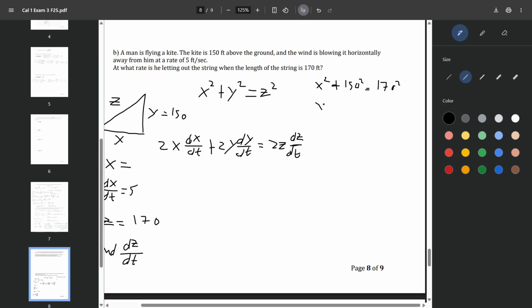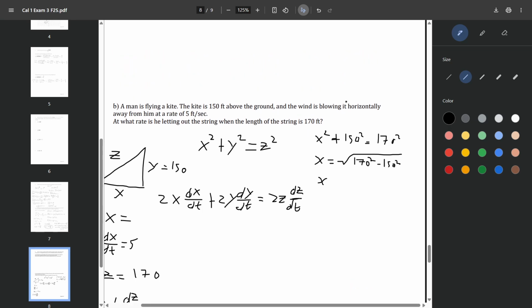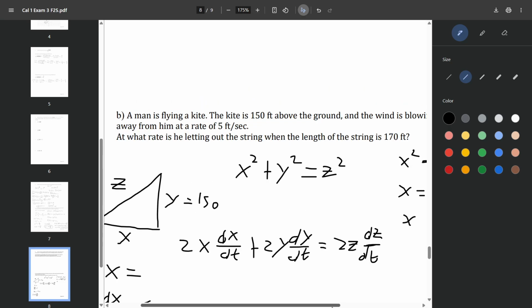So in order to find x, we subtract 150 squared from both sides and take the root of both sides, which gives us the root of 170 squared minus 150 squared.